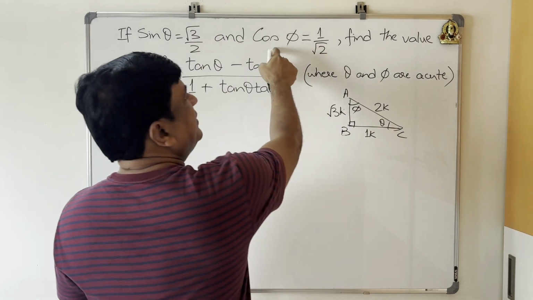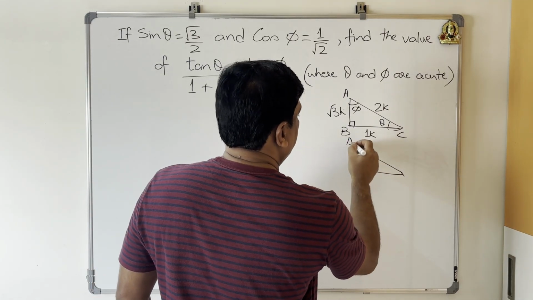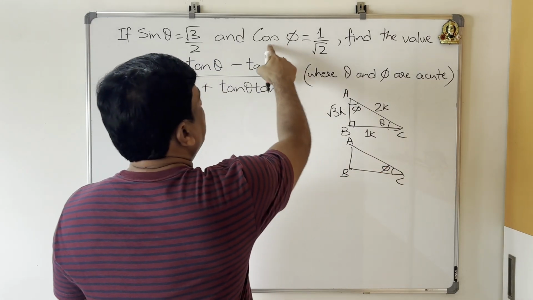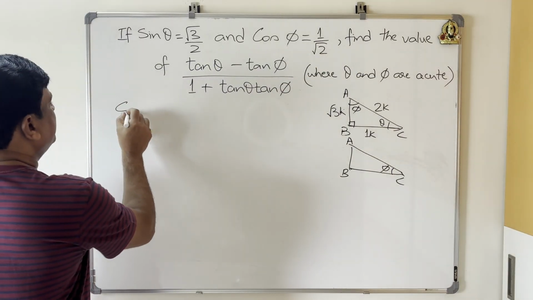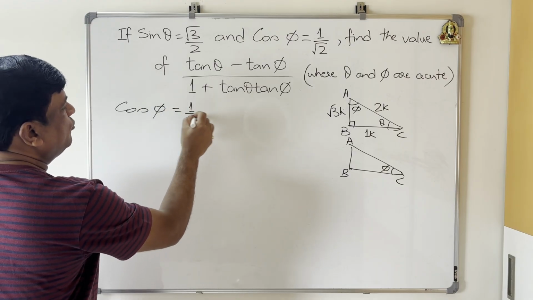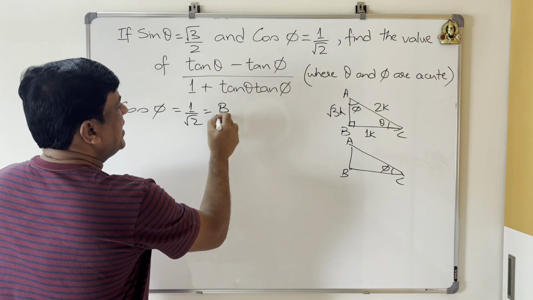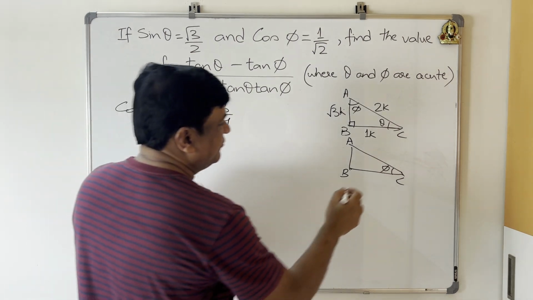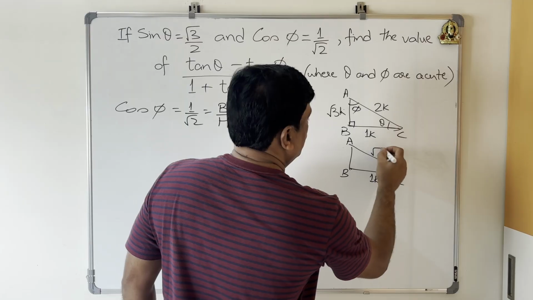Now similarly for this one, draw another triangle. Put it as ABC again and put phi over here. They have mentioned cos phi is equal to 1 by root 2. So cos phi is b by h. So base is 1k and your hypotenuse is root 2k.